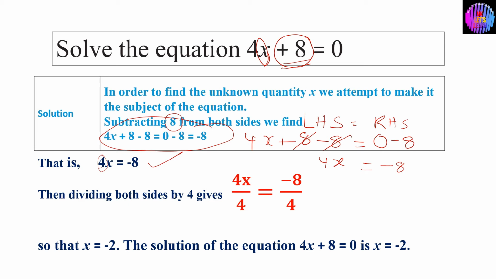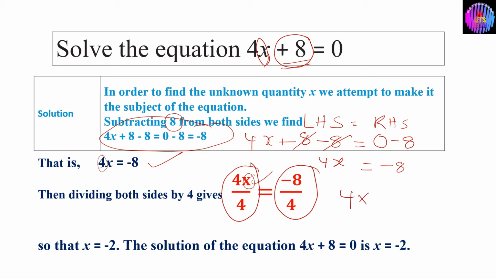So next step, dividing both sides by 4 gives 4x by 4 is equal to minus 8 by 4, because we need only x.